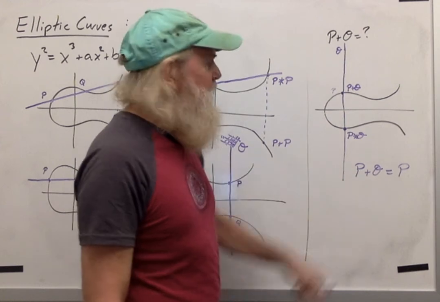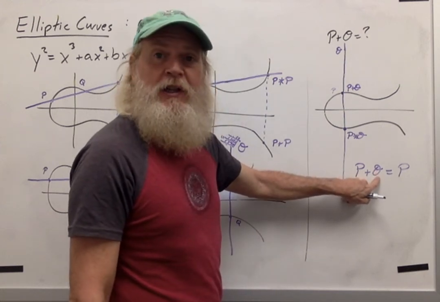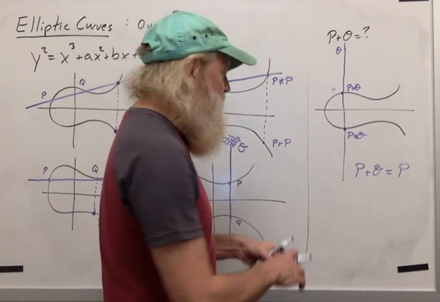And in fact, when we take the points on the curve and include O, then we do get a group where O acts as the additive identity.